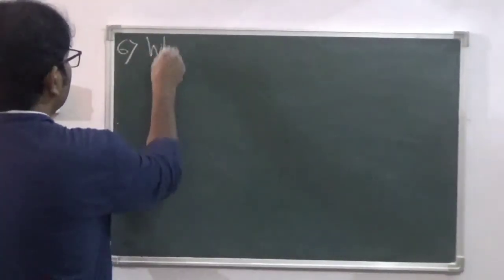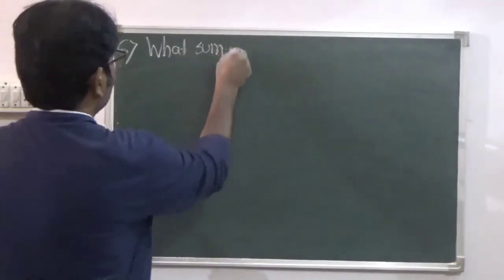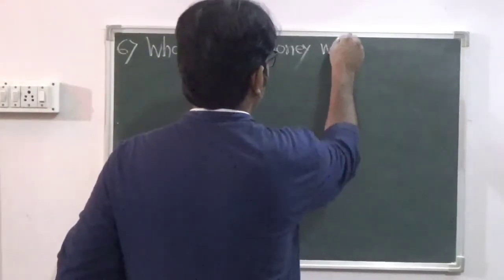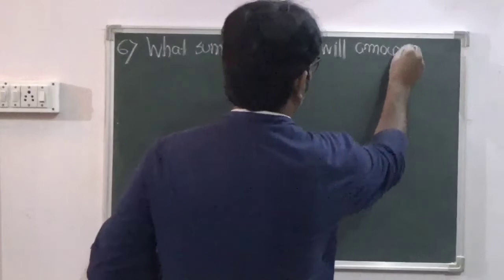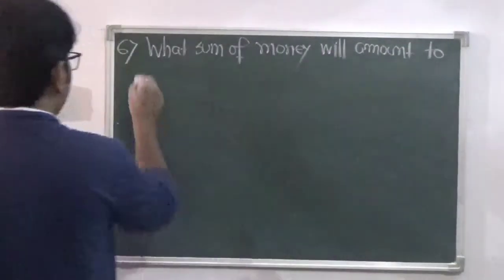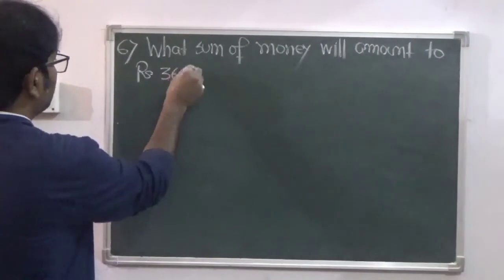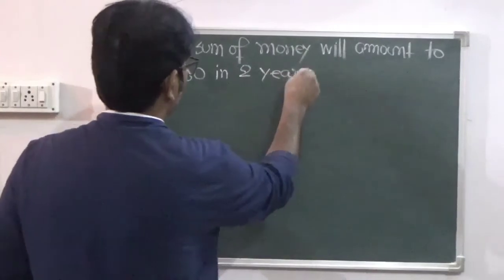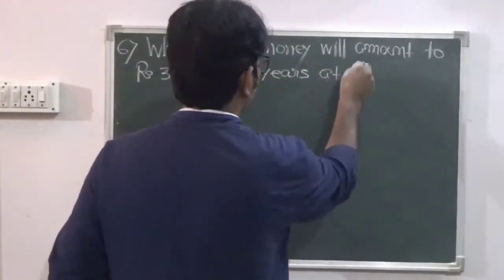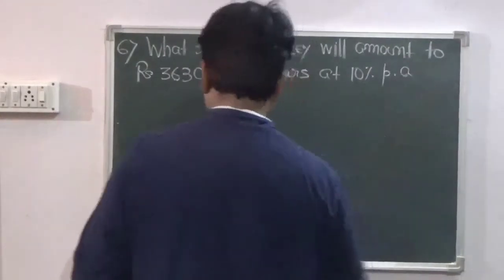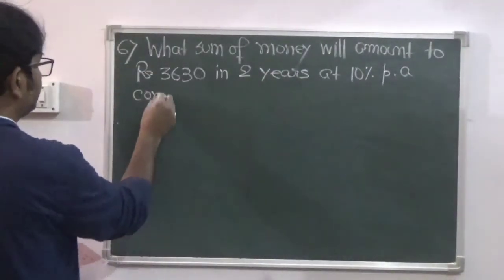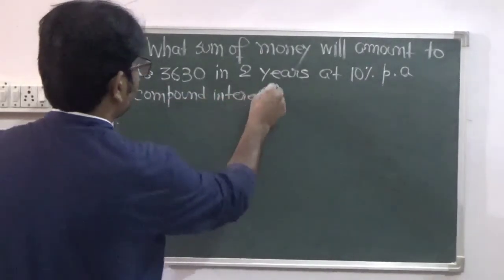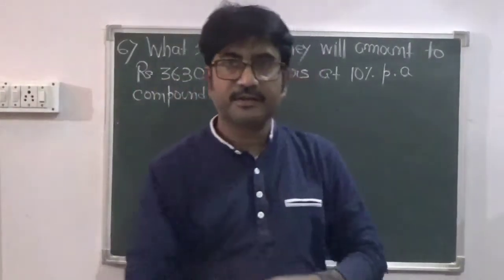What sum of money will amount to rupees 3630 in 2 years at 10% per annum compound interest? Just go to the question.